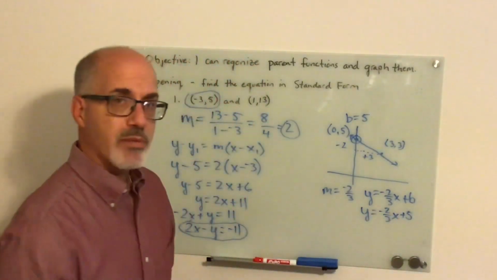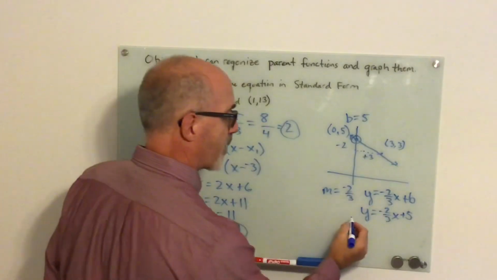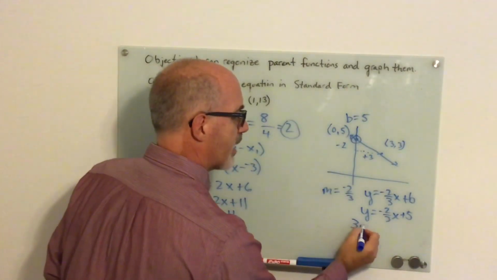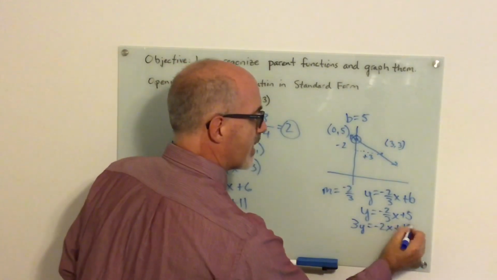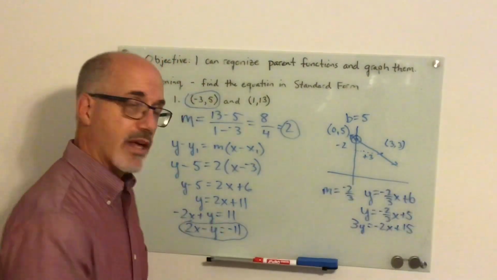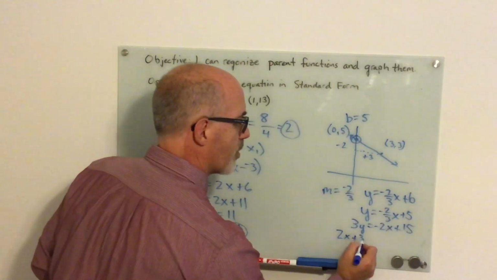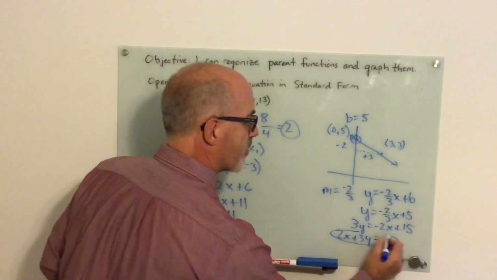Now we're going to multiply everything by 3 to get rid of the denominator because we can't have fractions in standard form. So we're going to have 3y equals negative 2x plus 15 when we multiply that by 3 as well. And now bring the x on the left side for standard form. So 2x plus 3y equals 15 is my equation in standard form.